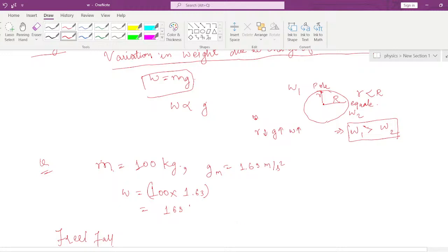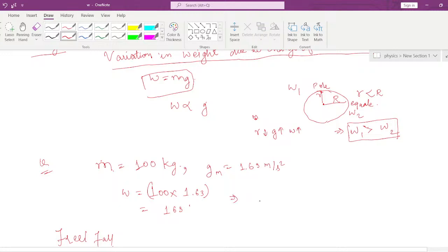So the weight that he can lift on the moon and the weight that he can lift on earth will be equal. Mass can neither be created nor destroyed, a fundamental thing we have to know, and energy is also neither created nor destroyed, as we all know.